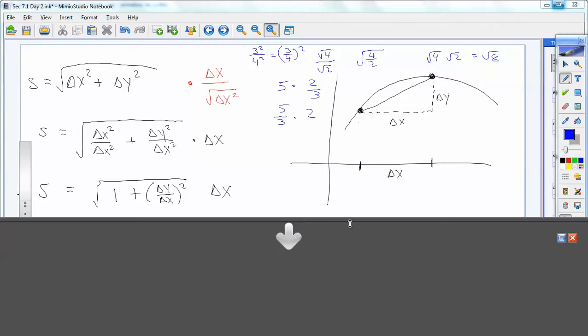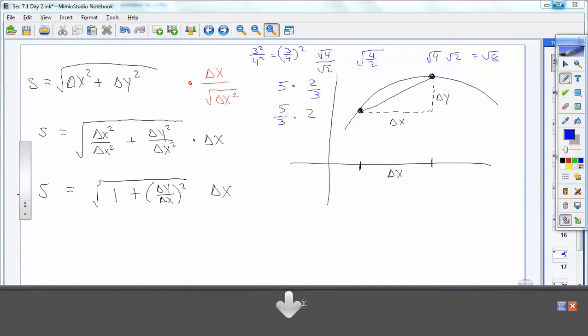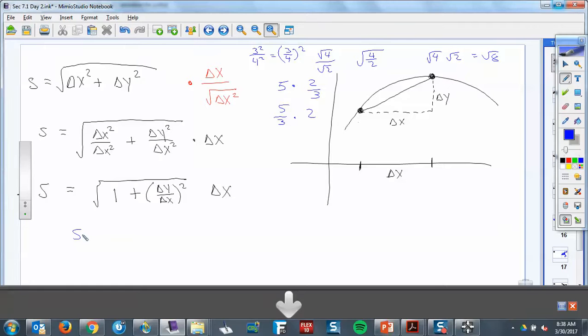So lo and behold, s is going to equal the square root of 1 plus f prime of x squared, and then that's going to turn into a dx, and that's going to be one of those little strips. And what do I need to add them up? I need the integral. So at the end of the day, what I've just done is created myself a little formula which is just nothing more than the distance formula.